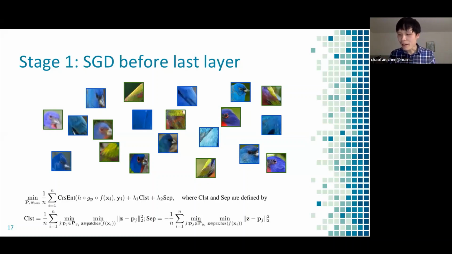And the minimization of the separation loss, notice that there's a negative sign in the separation loss, I'll explain that later, basically encourages every latent patch of a training image to stay away from the prototypes not of its own class.